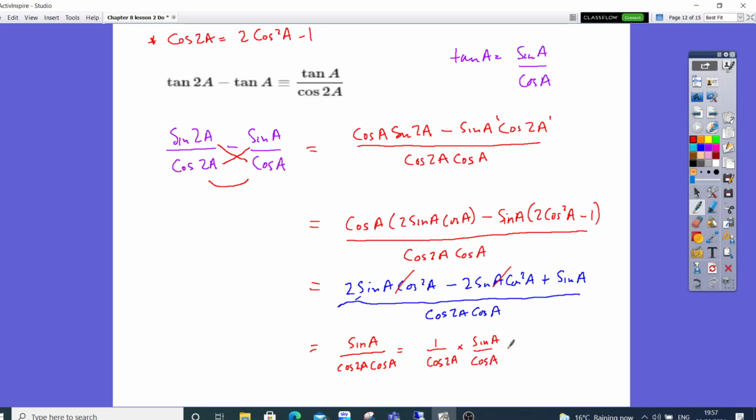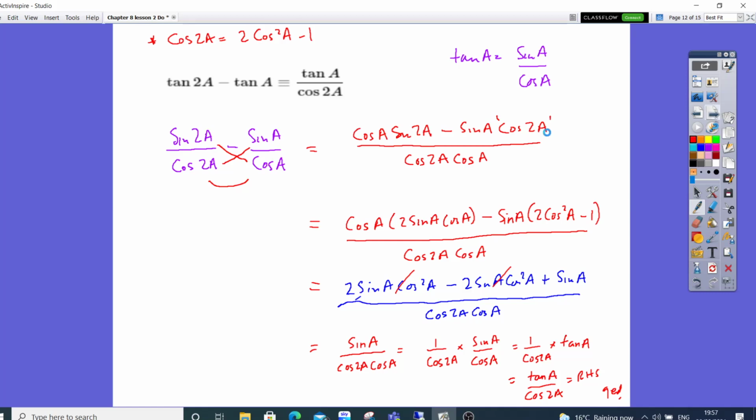I'm going to replace that with tan, so that would equal 1 over cos 2a times tan a. When I times that through, I'll end up with tan a over cos 2a, which is equal to the right hand side. QED. Okay, I'm happy with that. Let's move on.